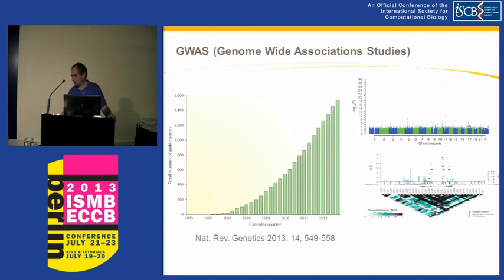And what GWAS is telling you is, if you have the different chromosomes here, you can see some peaks where you may have association of a disease with loci, with a genomic locus, and potentially genes, and you can zoom in and you can see more details on the different genes.